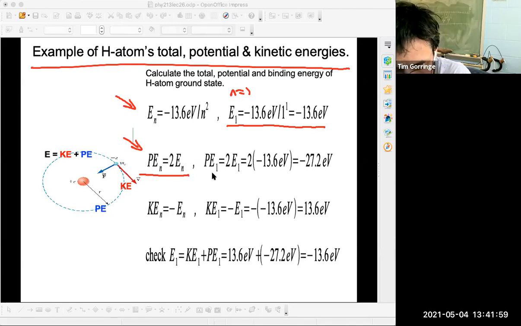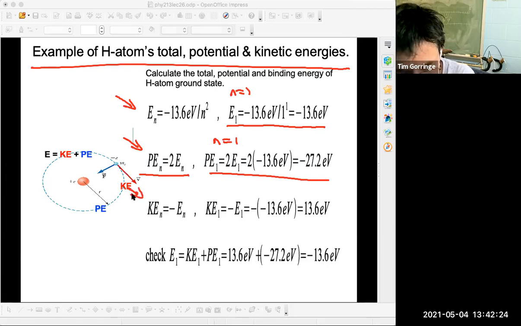So for the n equals 1 orbit, the potential energy is twice the binding energy of that first orbit. So it's twice minus 13.6 electron volts. It's minus 27.2 electron volts. So that's the potential energy of this ground state.